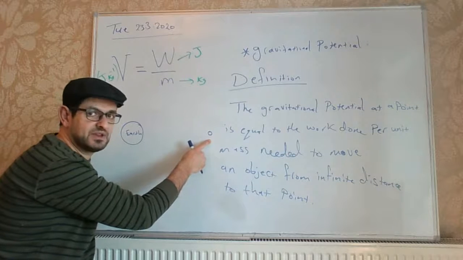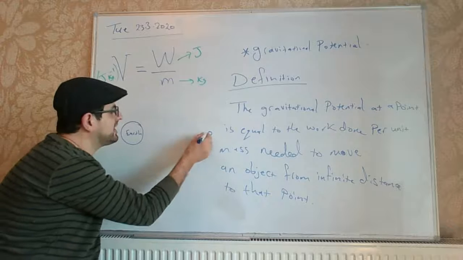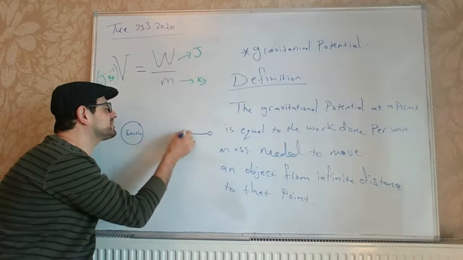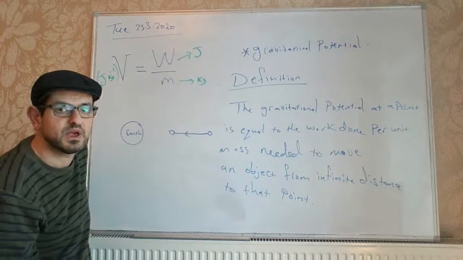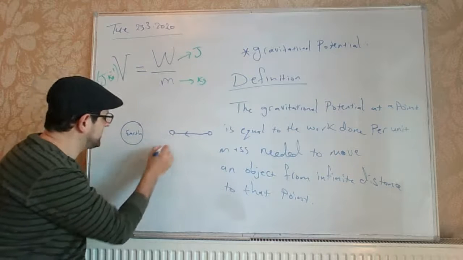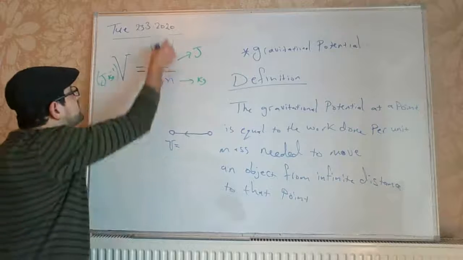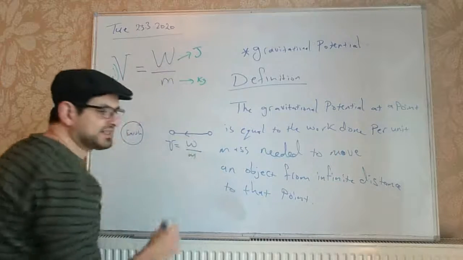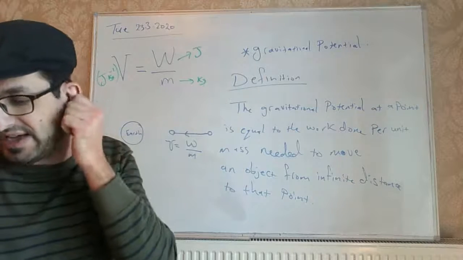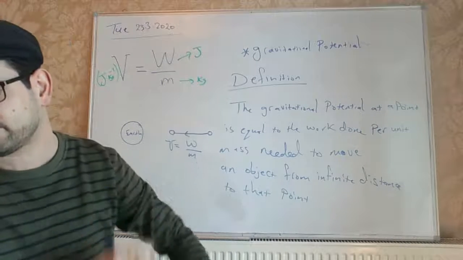Okay, if this is infinity, we consider it to be zero. Now, if you want to bring it to somewhere, to this point, then the gravitational potential at this point is equal to how much energy you did and how much mass the object was.